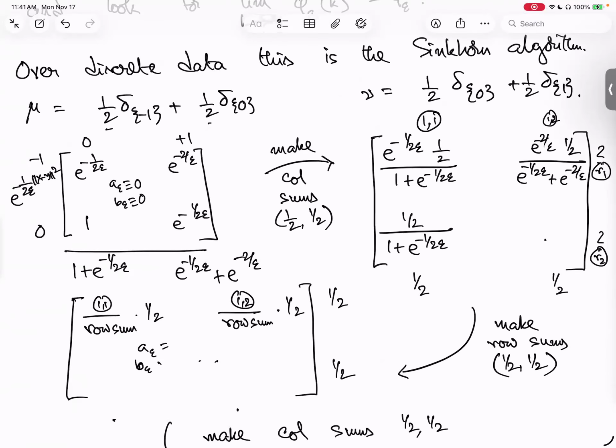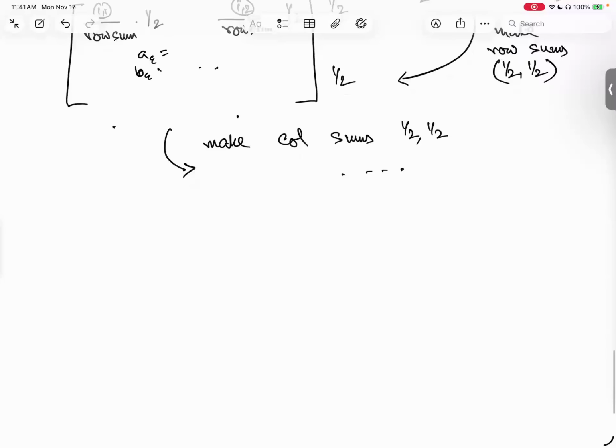Yes, I love explicit. Okay, let's do this. So at some point, let's suppose your matrix M, K looks like this. The ijth term is e to the power minus 1 over 2 epsilon norm of xi minus yj norm square.